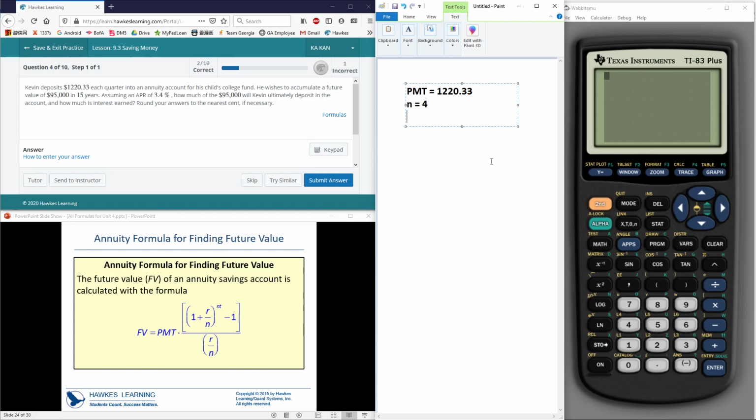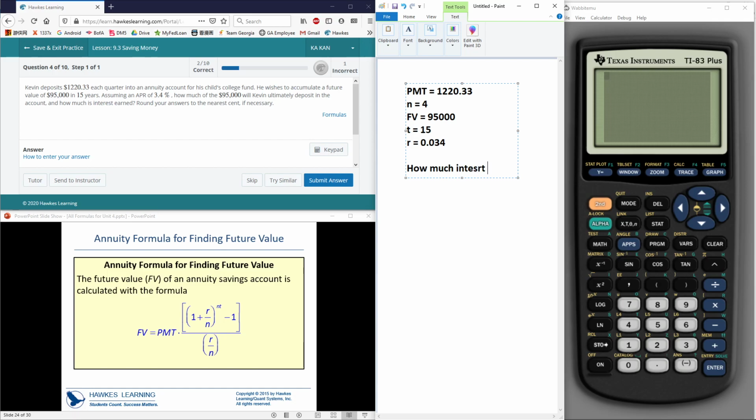Now he wants the future value to be 95,000, and the time frame is 15 years. Interest rate is 0.034, right? 3.4%.